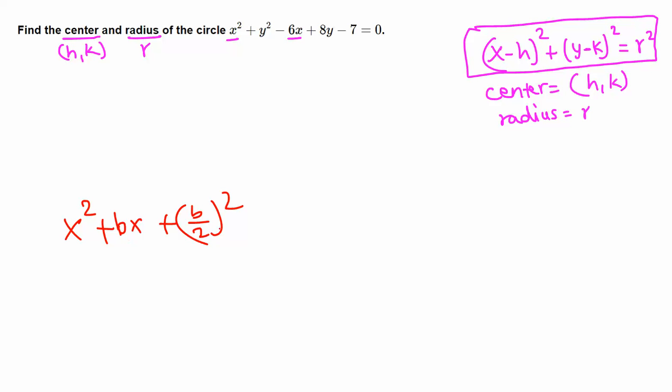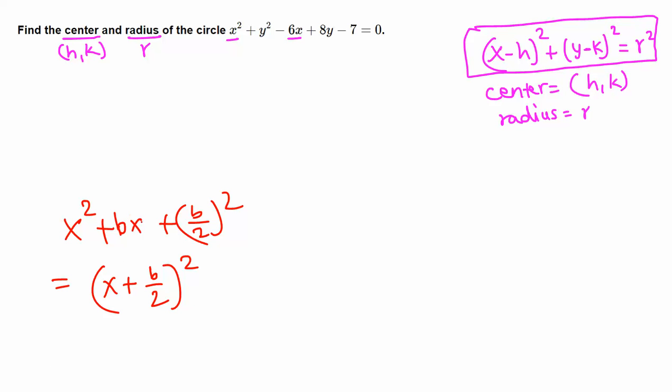When we add this, to make it balance we have to subtract at the same time. Then this completes the square, so we get some quantity squared, x plus or minus half of b. This is how we complete the square.